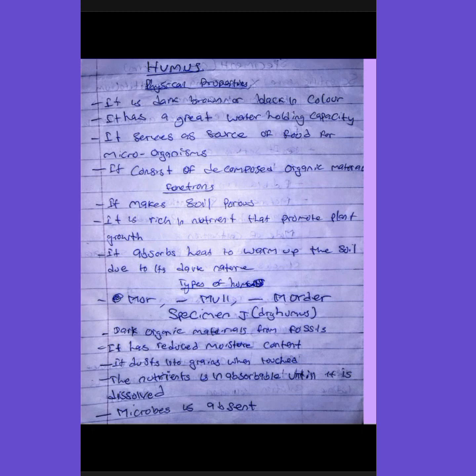Specimen J, the dry humus, is dark organic material from fossil. It has reduced moisture content because it's dried. It crumbles into grains when touched because there is no water. It does not have moisture. They are very dry.